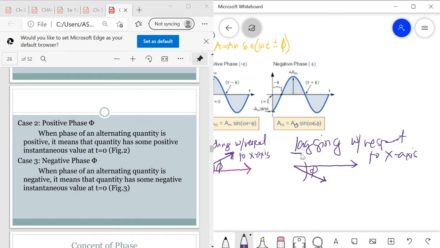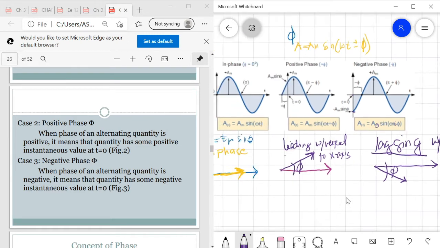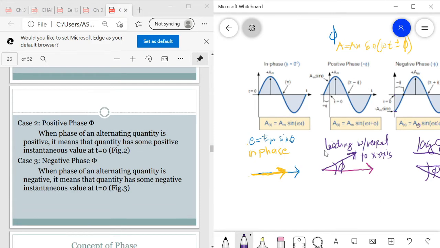So, importante to, lagging, leading, and in phase. So, pag sinabi nating in phase, it is actually cosine 0 degrees. So, other term for in phase is unity because it is equal to 1.